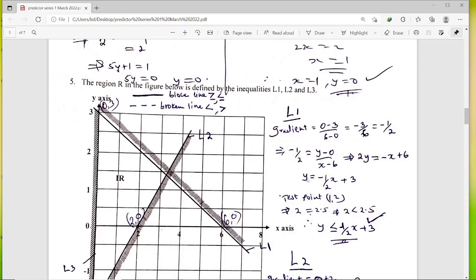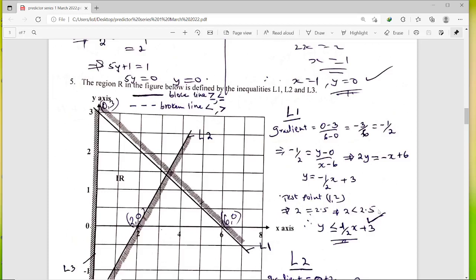So 2 equals negative half times 1, which gives negative half, plus 3, which gives 2.5. So 2.5 and 2, you realize that 2 is less than 2.5.